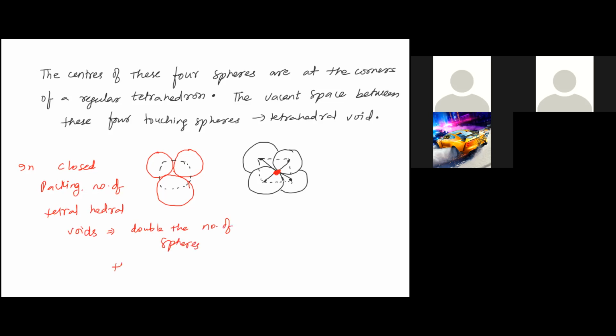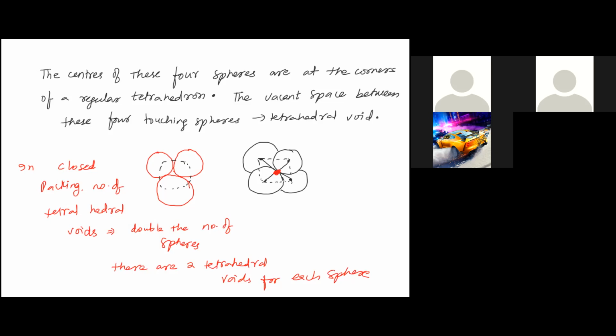So there are 2 tetrahedral voids for each sphere. Number of tetrahedral voids is equal to double the number of spheres. So there are 2 tetrahedral voids for every sphere. Keep this in mind.